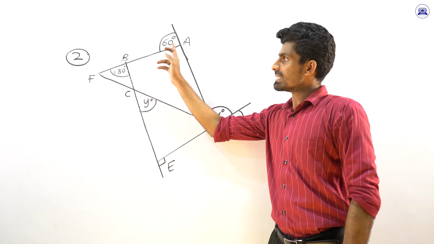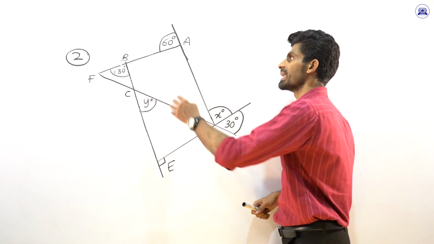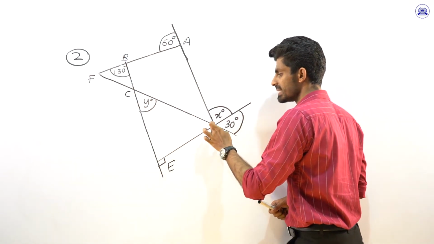Let's see. Just consider the quadrilateral ABED.